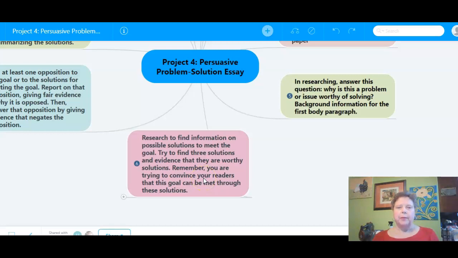And of course, we're talking about the global goal that the United Nations has set. So try to find 3 solutions and evidence that they are worthy solutions. And remember, you are trying to convince your readers that this goal can be met through these solutions. So the more evidence you bring in, the better that will be.